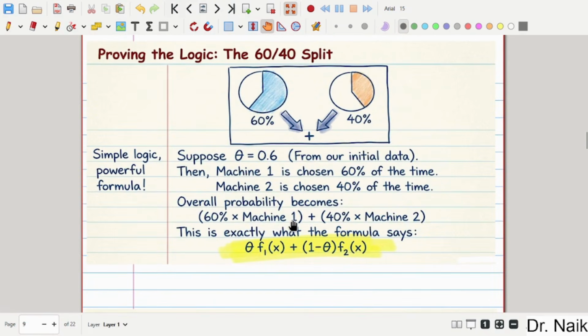For example, suppose theta is 0.6. Machine 1 is chosen 60% of the time and machine 2 is chosen 40% of the time. Overall probability becomes 60% multiplied by machine 1 plus 40% multiplied by machine 2. This is exactly what the formula says. Theta times f1 of x plus 1 minus theta times f2 of x.